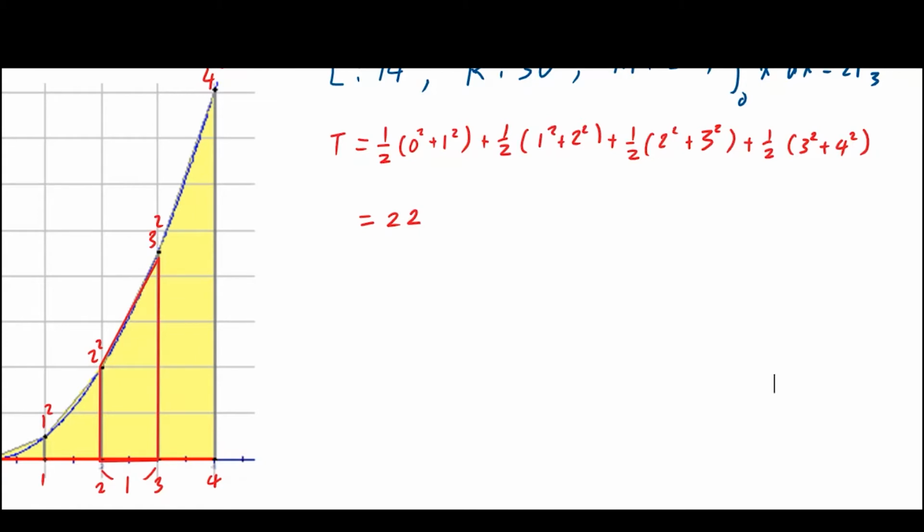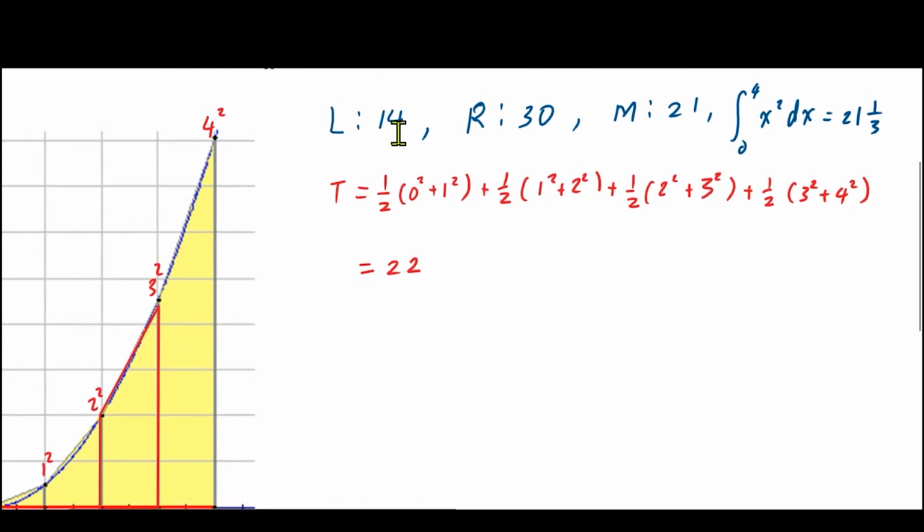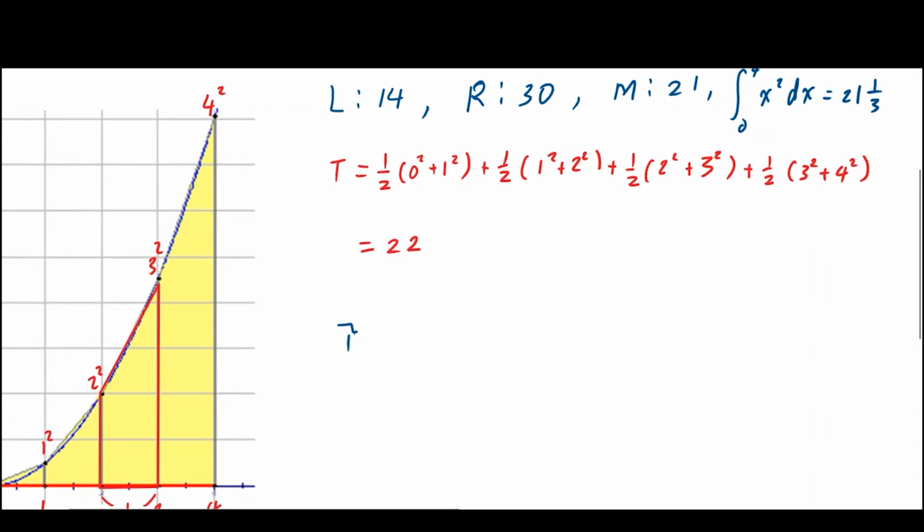Now, you notice that in comparison to the left rectangle and right rectangle, do you see the relationship between these two? What is the relationship? Do you see this trapezoid happens to be the average of the two?